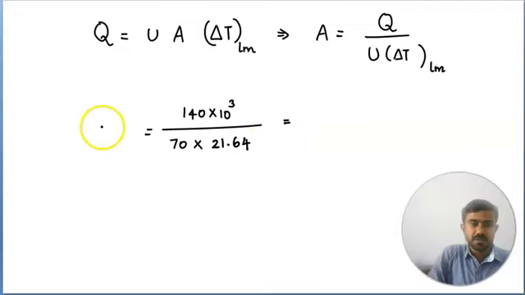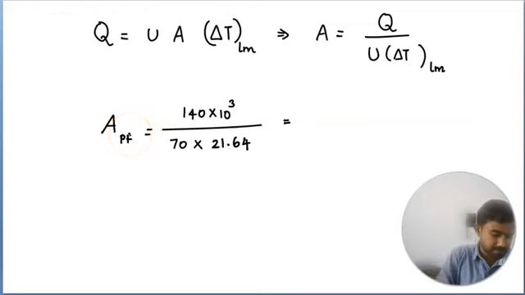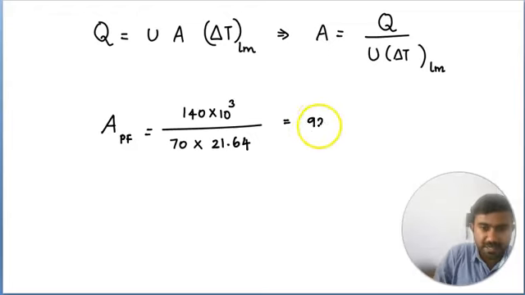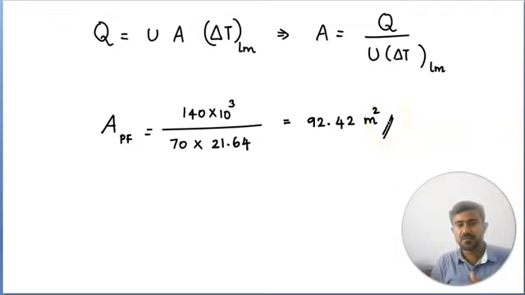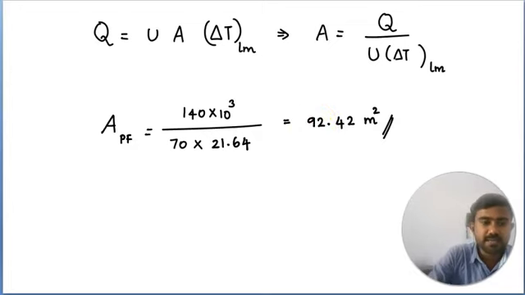If we substitute, you calculate the area required in parallel flow. It turns out to be 92.42 meters square. So if you are using a parallel flow configuration, you will require an area of 92.42 meters square. Let's do the same thing for a counter flow.